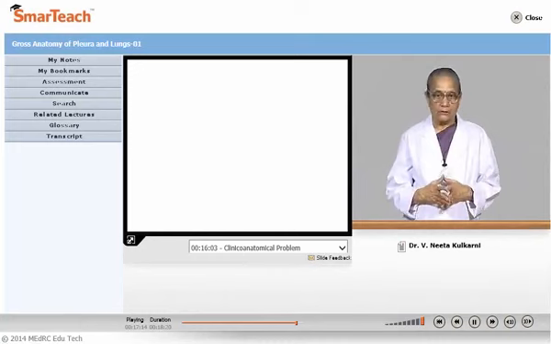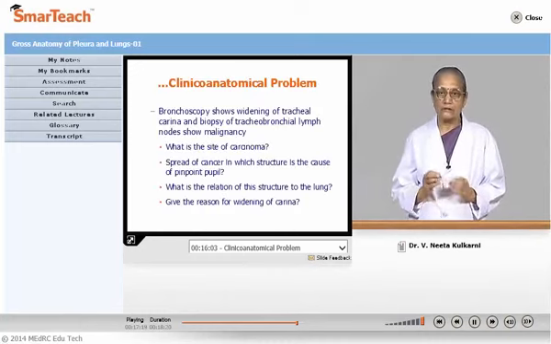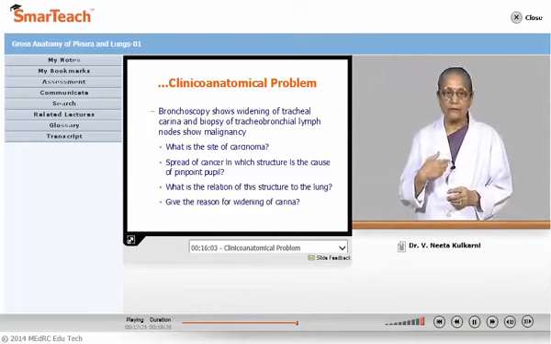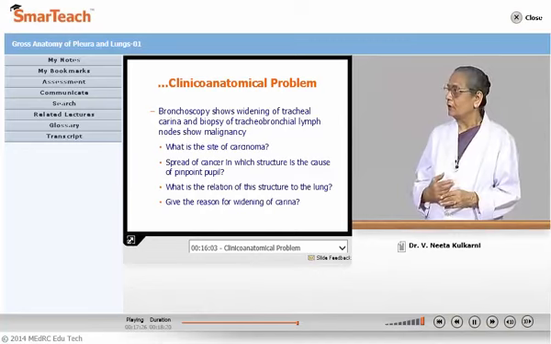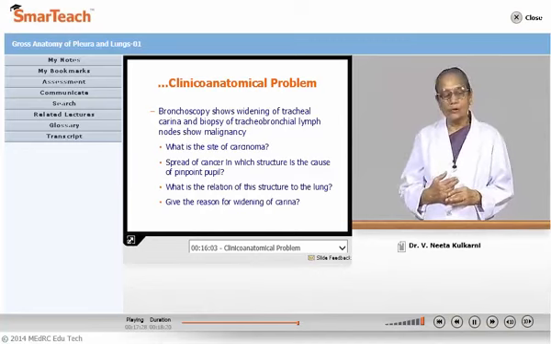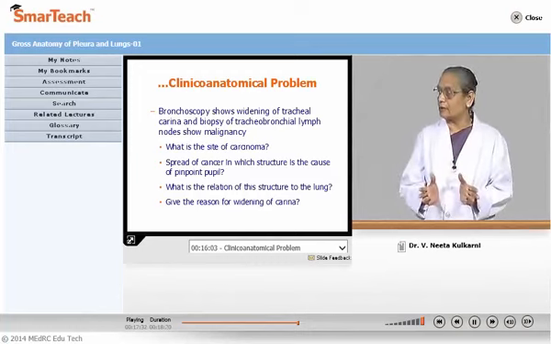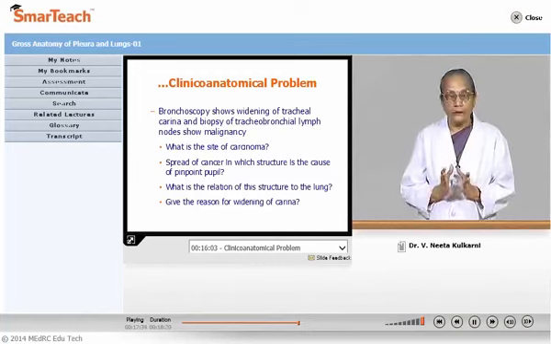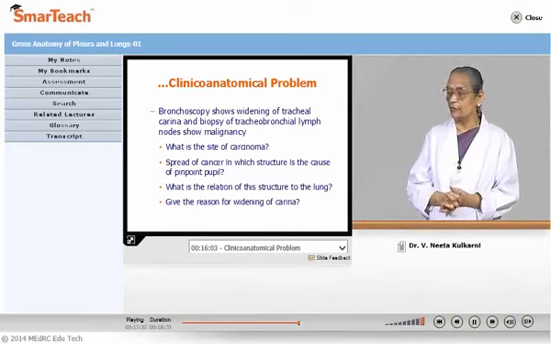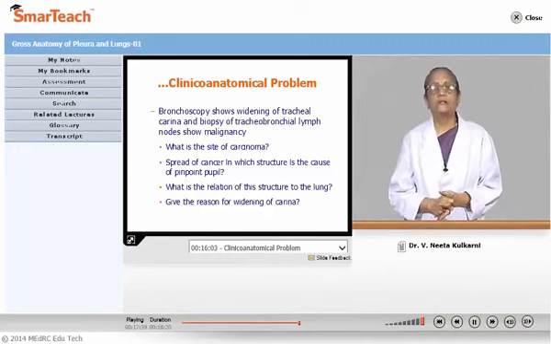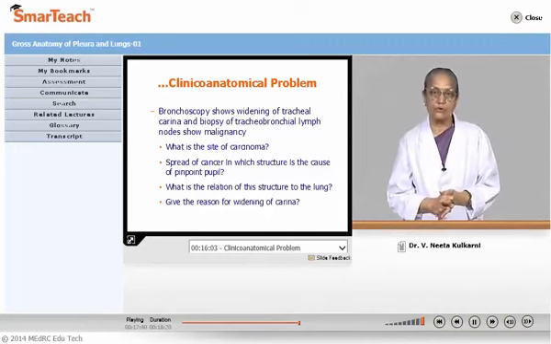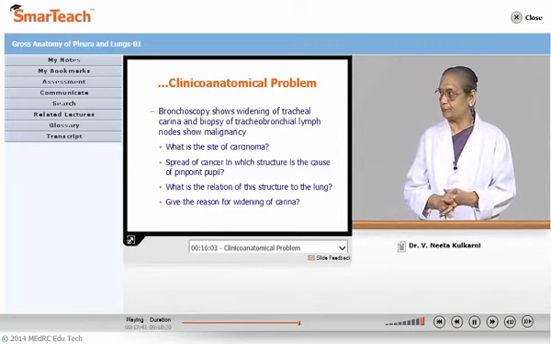Now, this patient is subjected to an examination called bronchoscopy, where you insert a bronchoscope through the oral cavity into the larynx and the trachea. And here what the doctor finds is the widening of the carina of the trachea, and he takes the biopsy of the tracheobronchial lymph nodes, and the histopathological examination of these lymph nodes shows malignant cells.